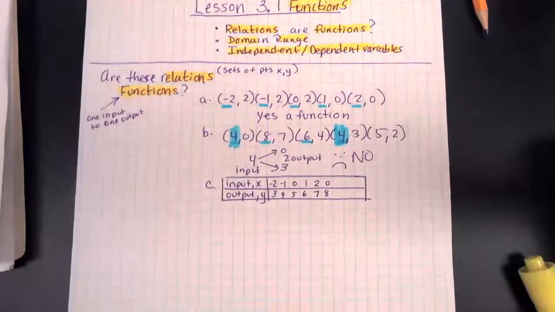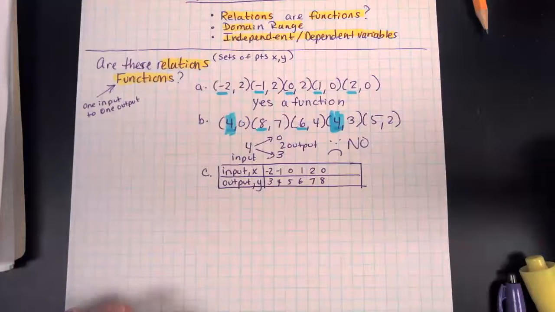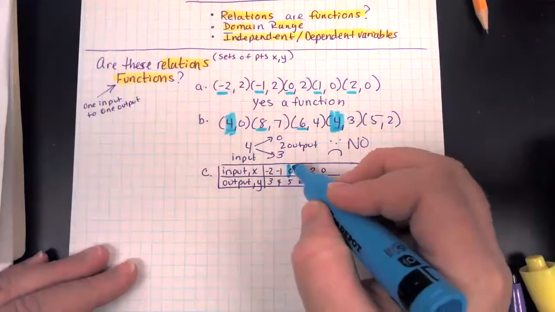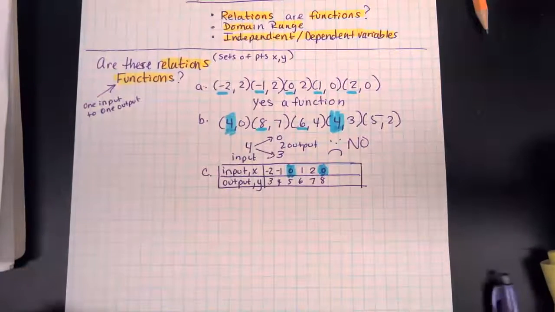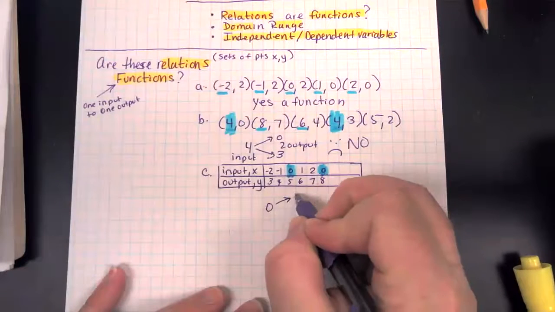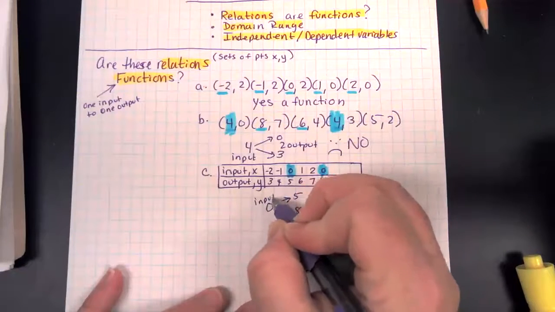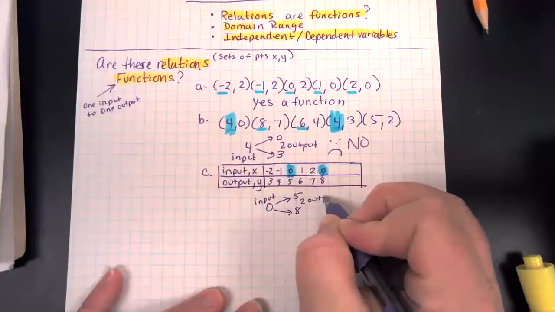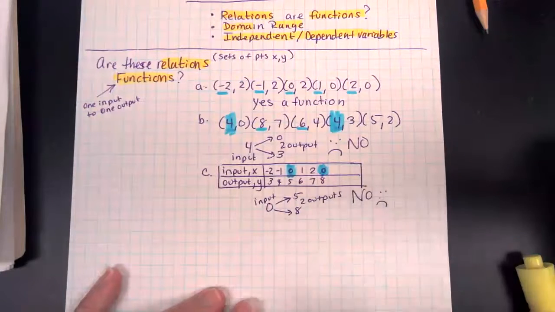All right, how about this one? Do I have any repeats? Oh no, I do, don't I? 0 goes to 5. 0 also goes to 8. That's 1 input, but 2 outputs. That doesn't work. That's a no.